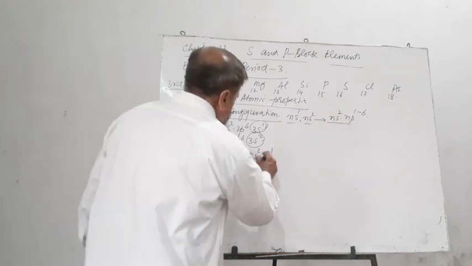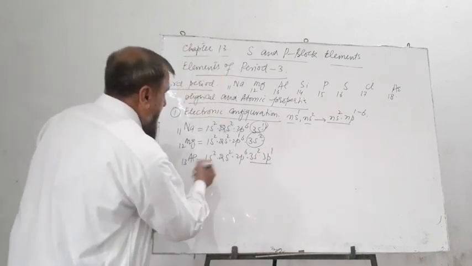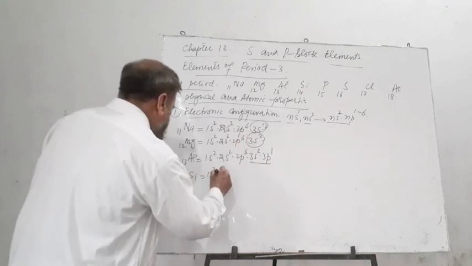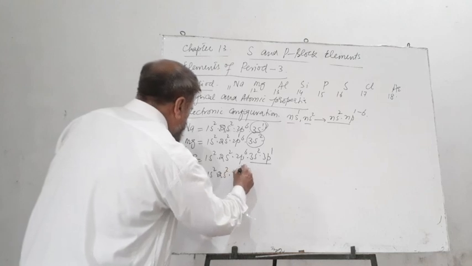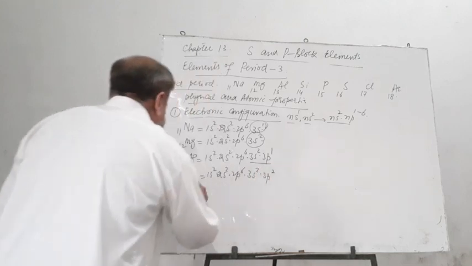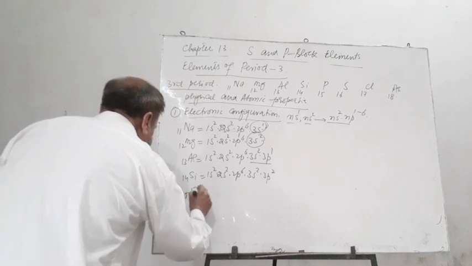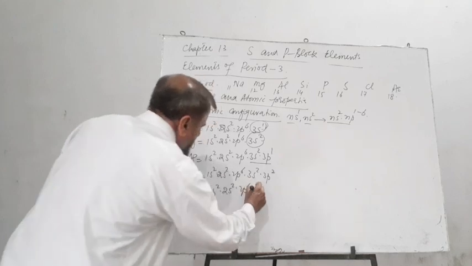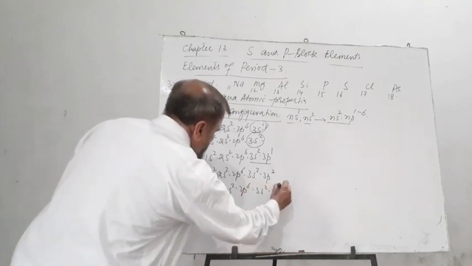Aluminium has ns2, np1 configuration, and as we move forward, in case of silicon, the configuration is 1s2, 2s2, 2p6, 3s2, 3p2. In case of phosphorus, atomic number 15, the configuration is 1s2, 2s2, 2p6, 3s2, 3p3.